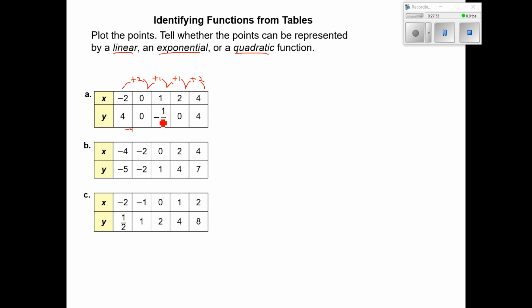And over here from 4 to -1/2, it went down by 1/2. And then from -1/2 to 0, went up 1/2. And then from 0 to 4, it went up, actually, positive 4, right? Positive 4.